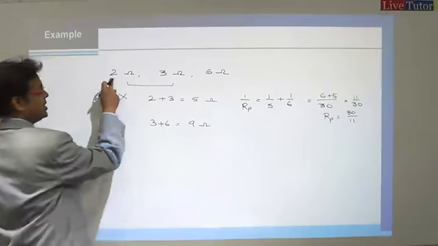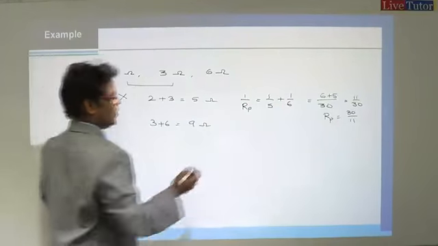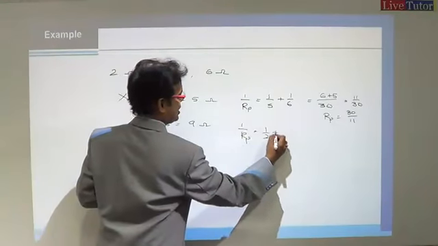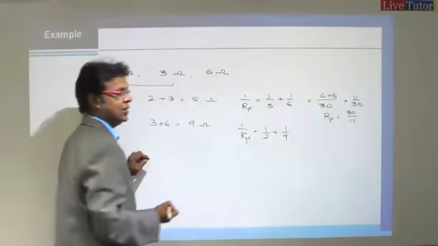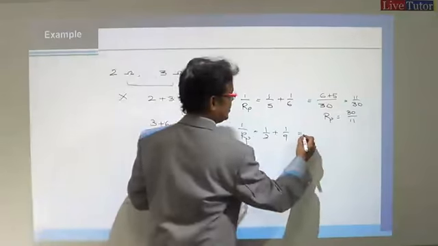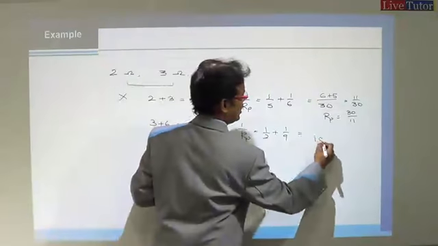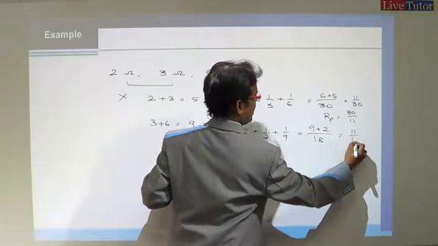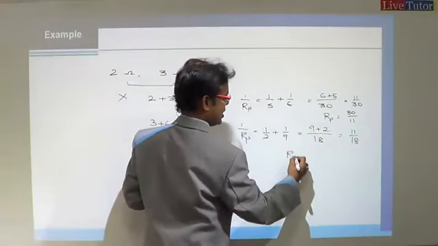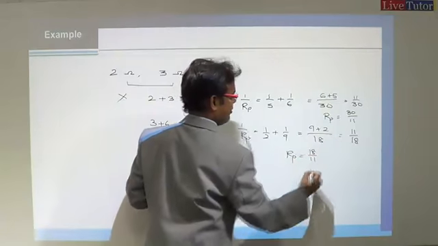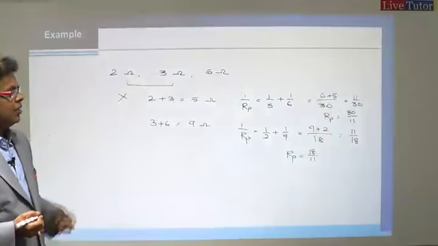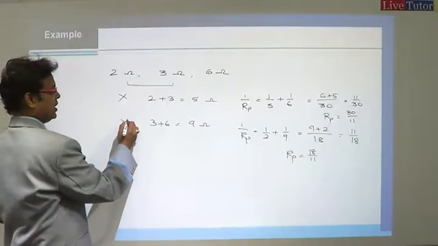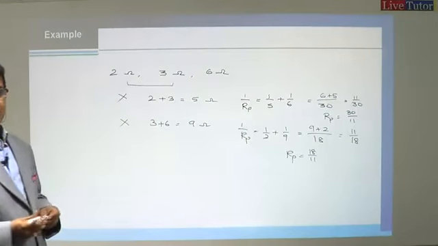So this 9 is in parallel with 2. So 1 by Rp is equal to 1 by 2 plus 1 by 9, isn't it? Now, try that. 18. 9 plus 2, 11 by 18, or Rp is 18 by 11. Now is it right? This option is also not correct.